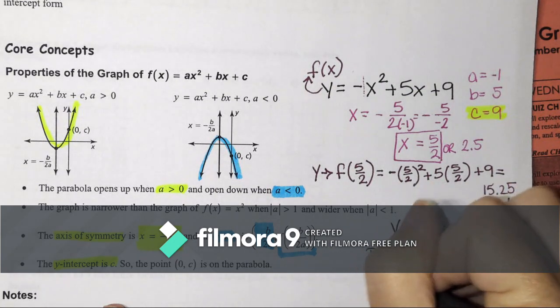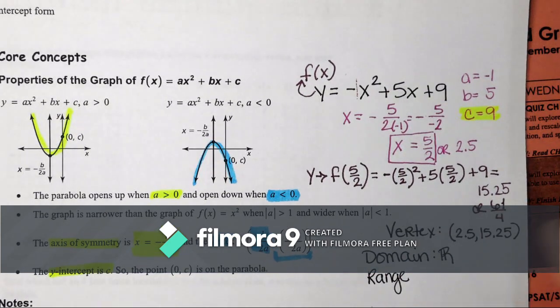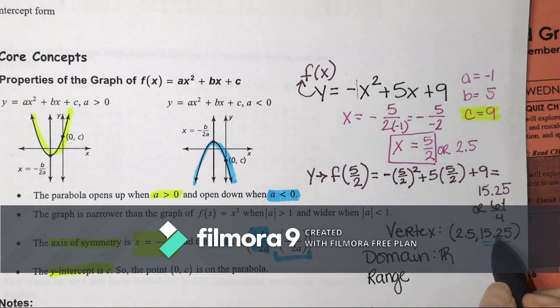The range is associated with, in this case, our maximum value, which happens to correspond with the y coordinate part of the vertex. Now, since it's a maximum, every y is going to be less than this 15.25.